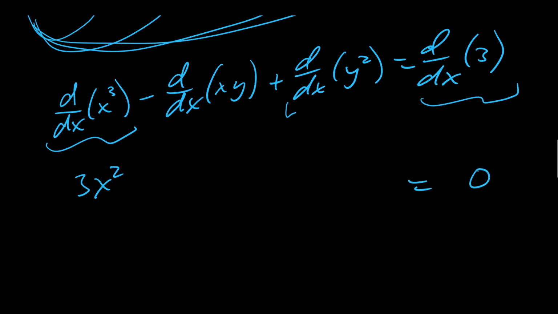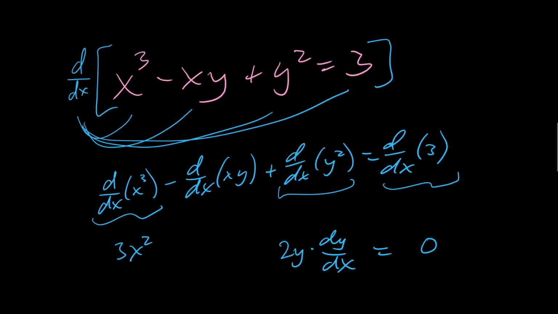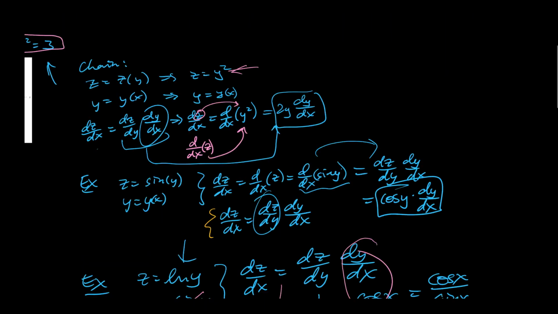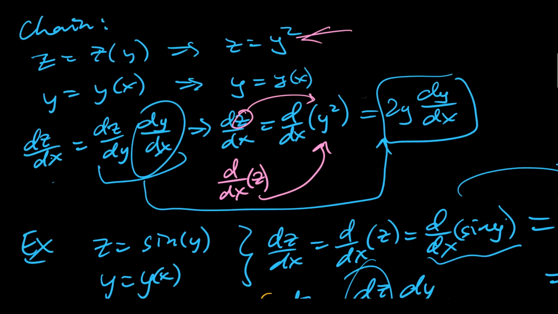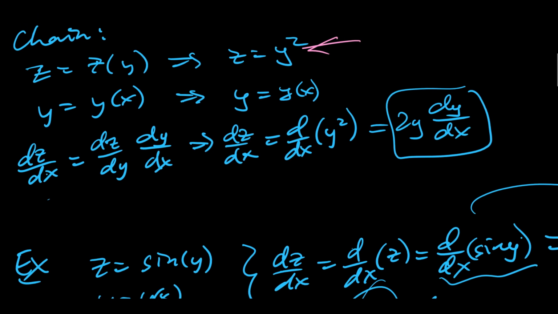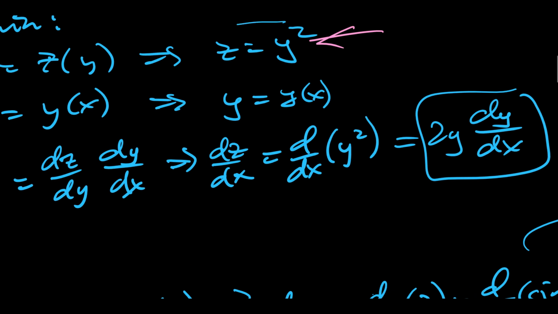The derivative with respect to x of y squared, now, this is the chain rule. This will be 2y times dy dx. Where did I get that? Well, if you look back up here, we said z was y squared, and we had to find the derivative with respect to x of y squared. Basically what we did was we set z equal to y squared to figure this out.